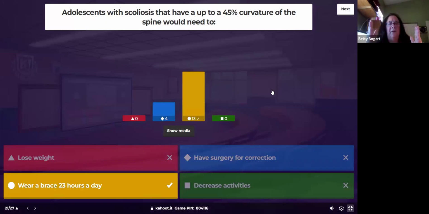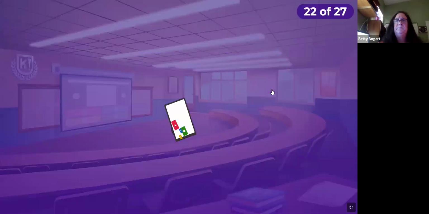So up to 45%, they wear a brace 23 hours a day, only take it off to bathe, and physical therapy to strengthen the muscles in the back. After 45%, usually they're going to tell you things like 50%, it's surgical intervention. That would be the Harrington rods, spinal fusion, Luque rods. They're different names, but they just try to straighten that spine.